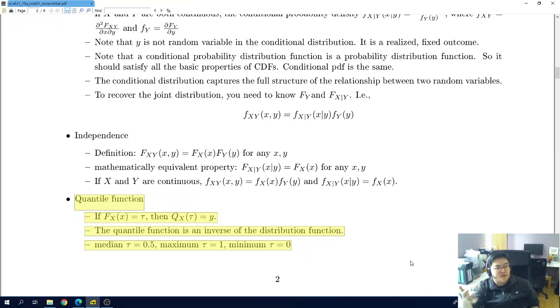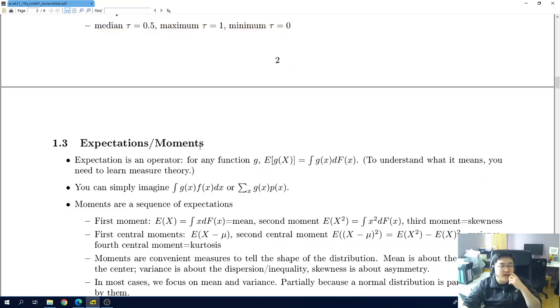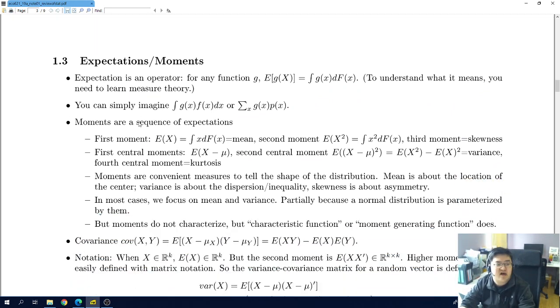So almost everything you learned from statistics is some kind of probability distribution or expectation. Let me describe the expectation, which is a little bit different from the probability, but depends on the probability because all random variables are characterized by the CDF.